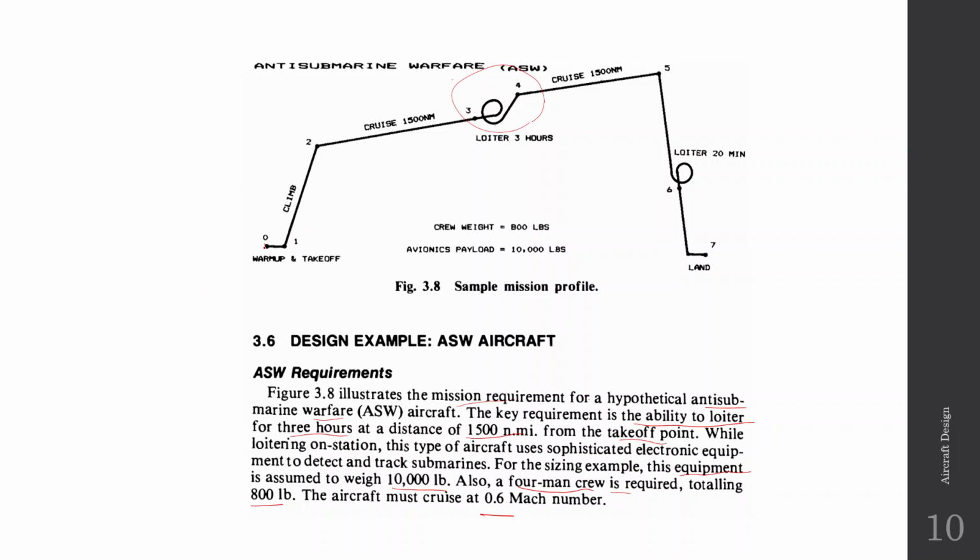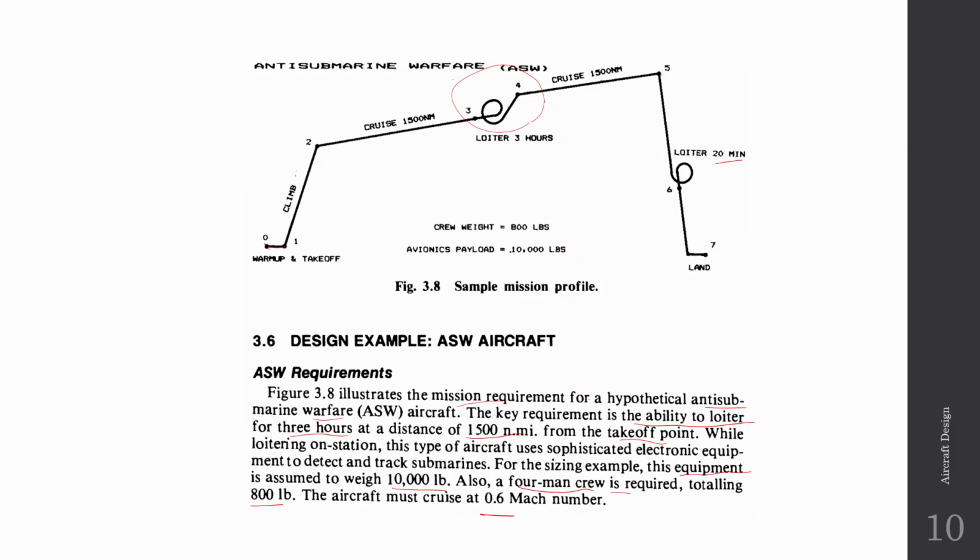From warm up to takeoff, which is from 0 to 1, then from 1 to 2 we have a climbing phase, from 2 to 3 there is a cruising phase of 1500 nautical miles, and there is a loitering phase from 3 to 4, and then again cruise 4 to 5, and then loitering for 20 minutes, and then landing.